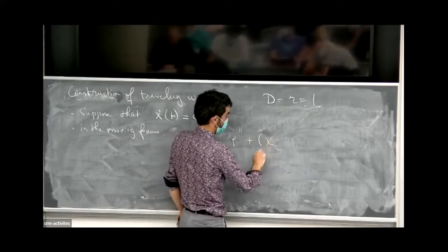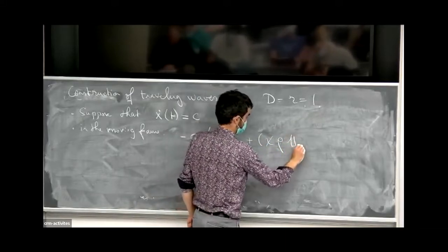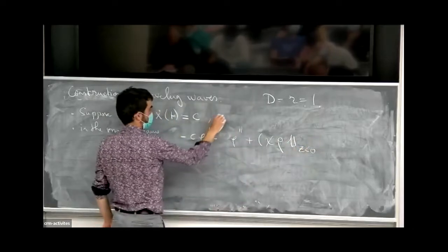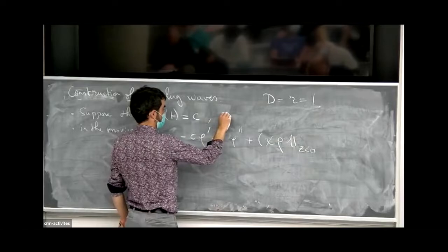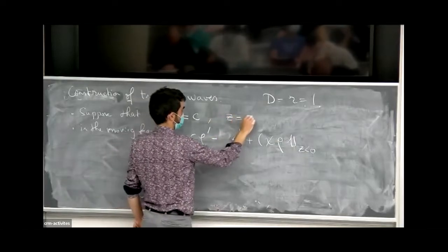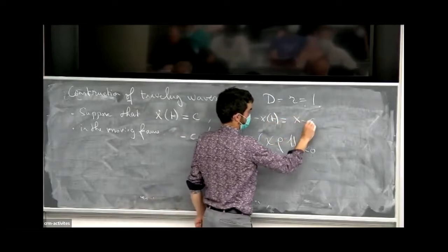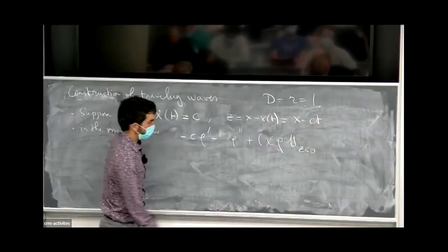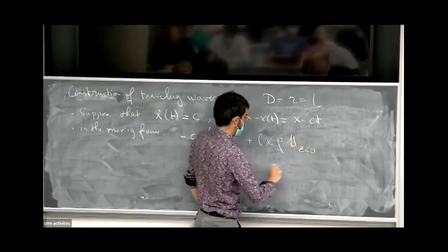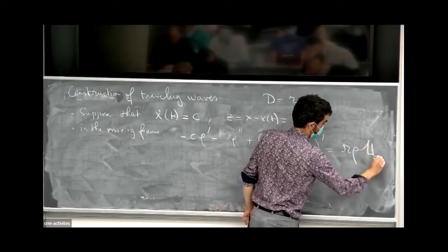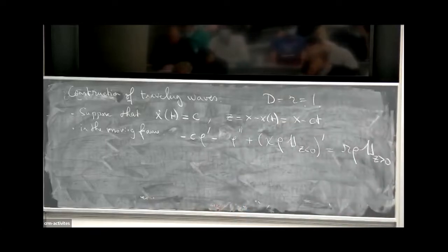So I will just keep this one. And I put my interface at 0, which is x minus ct. Now I have no coupling anymore. I assume that my interface is moving at some speed c, and that in my moving frame this is the origin.